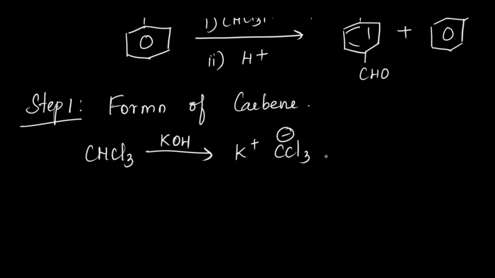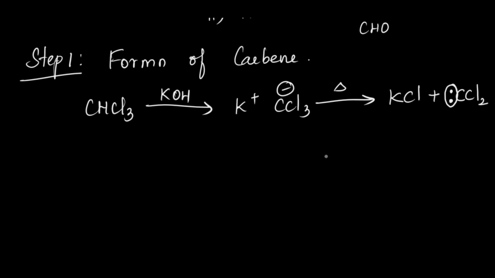Okay, along with water will get removed. Again, upon heat, this will produce KCl with, most importantly, a carbene. We discussed about carbene, singlet carbene, triplet carbene in GOC chapter. You remember? So that carbene is produced over here.